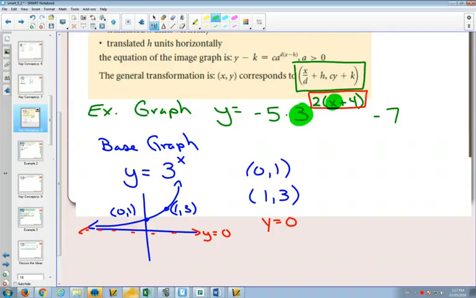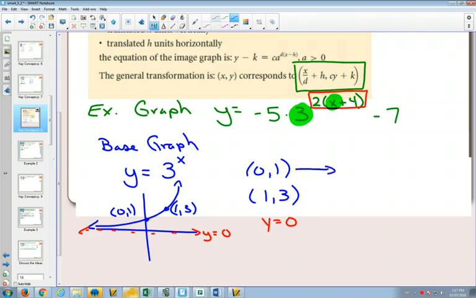This is what makes exponential questions a little bit harder with transformations because there's another number in there that's actually part of your base graph. And you might be tempted to include that in your transformations. But now that I've highlighted that, the first number, the minus 5, that's going to be a vertical stretch.